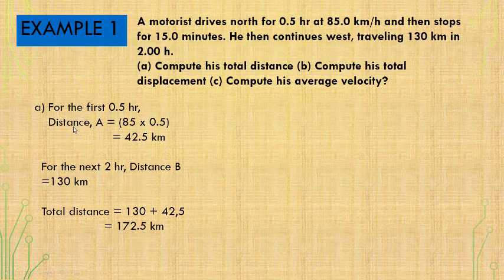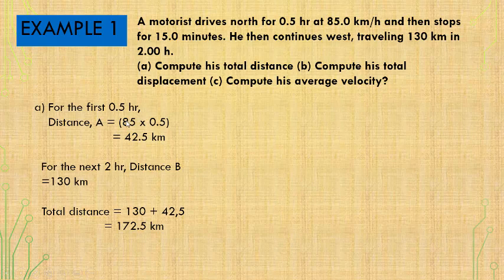For total distance, we separate the path into two, which is A due north and B due west. For due north, the information given are the motorist travels at 85 kilometers per hour for 0.5 hours.